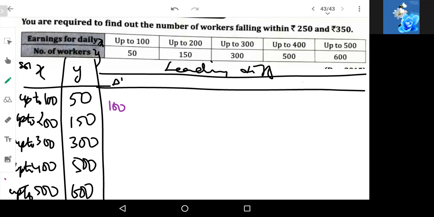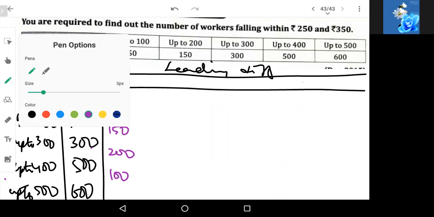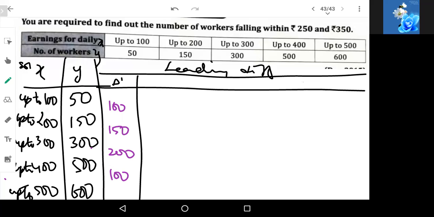Next, 300 minus 150 is 150. 500 minus 300 is 200. 600 minus 500 is, sorry, 100. This is not 200, this is 100. So that is your first leading difference. I'm being a little fast because we have already solved 2-3 problems, so I thought you'll be able to understand. Is it okay being this fast?